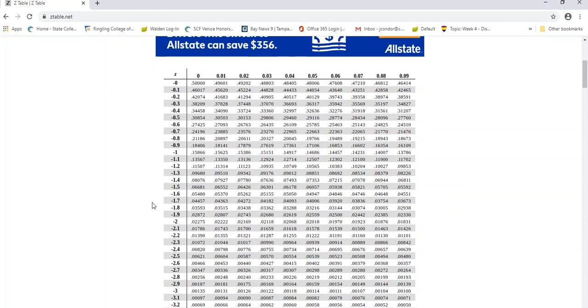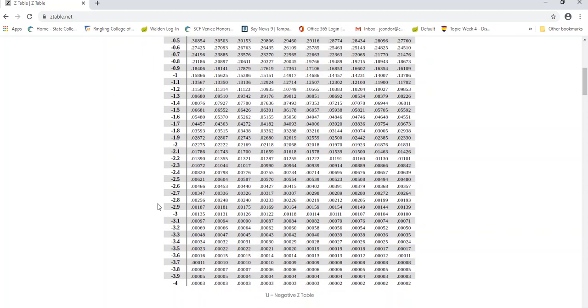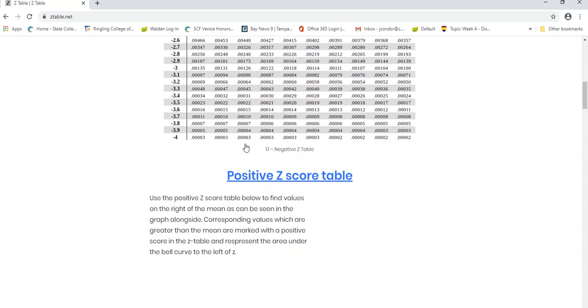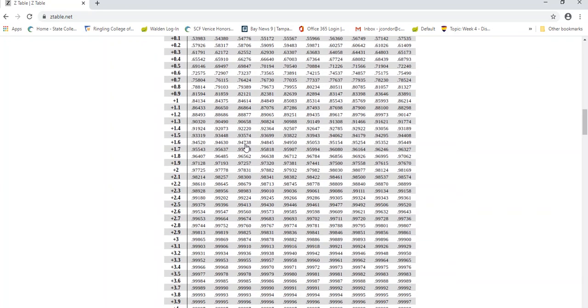And z-tables, there's a better z-table in your book in the appendix. This is for the negative side, and this is for the positive side.